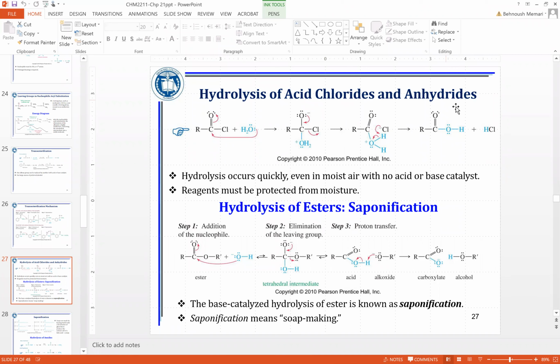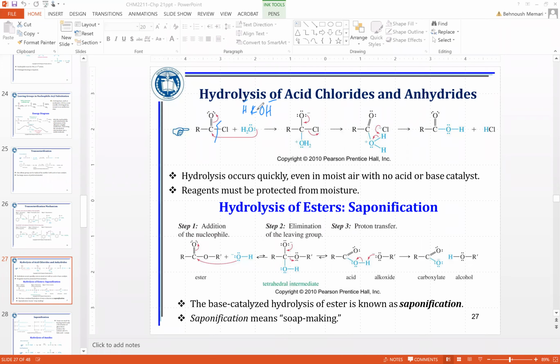Hydrolysis of acid chloride and acid anhydride: when you hydrolyze a carbonyl group, the bond between the carbonyl group and the leaving group is going to break, and you're adding water. So when you break this bond, you're adding H and OH.